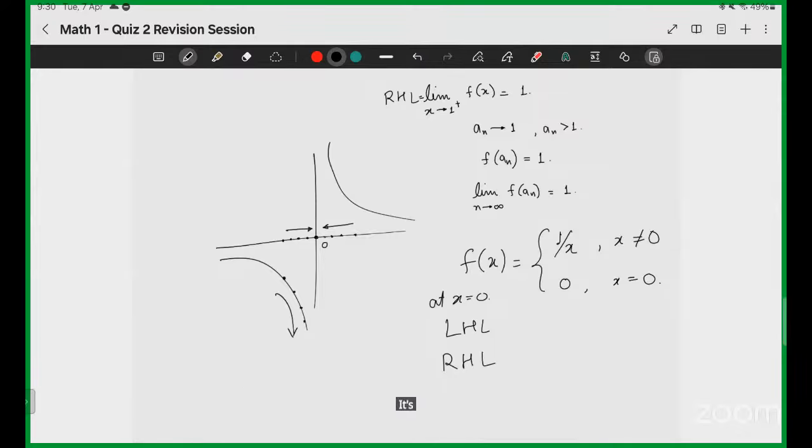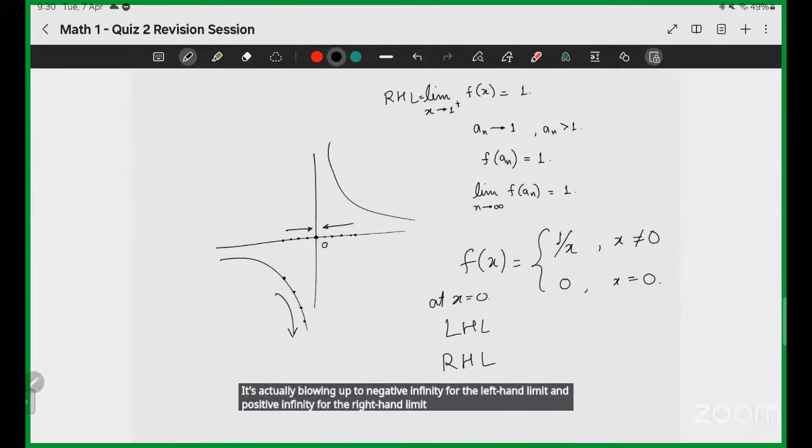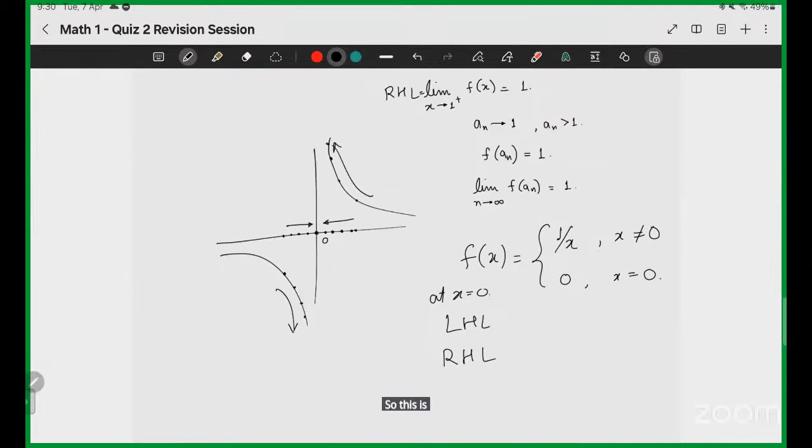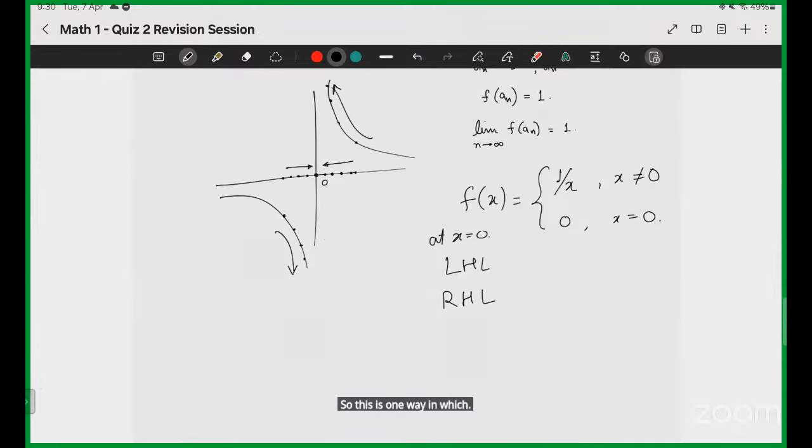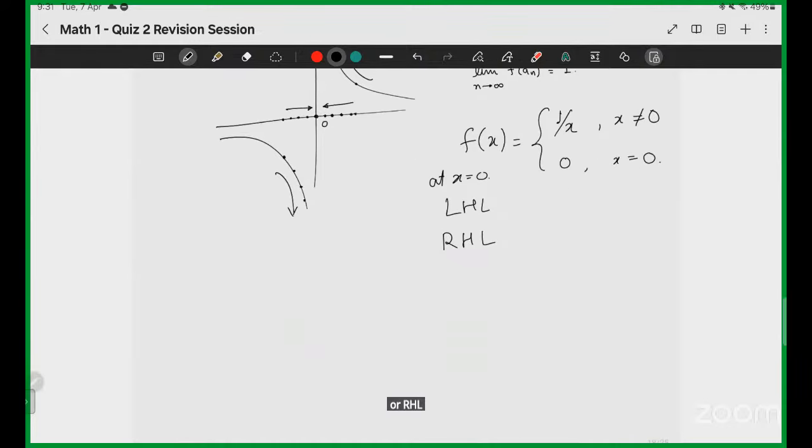It's actually blowing up to negative infinity for the left hand limit and positive infinity for the right hand limit. If you're looking at the right hand limit, you're looking at sequences of this form, and the corresponding function values will become arbitrarily larger and larger as you get closer and closer to 0. So this is one way in which LHL or RHL may not exist, or you can have oscillations also.